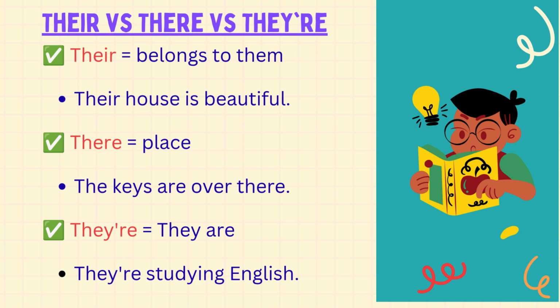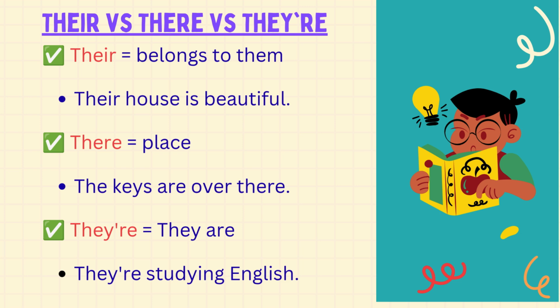Their teacher is very friendly. Their dog is sleeping. What is there? There tells about a place or a location. Example, the keys are over there. The bus is over there. Put the bag there. We went there yesterday.